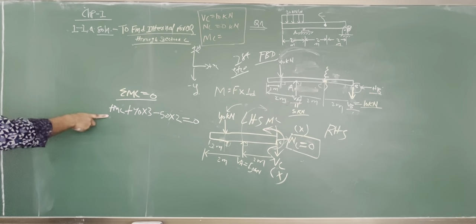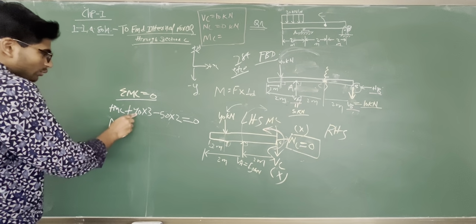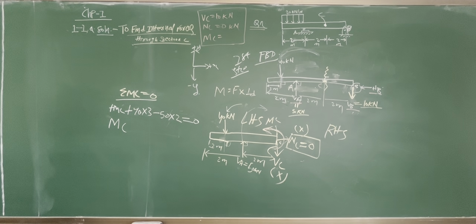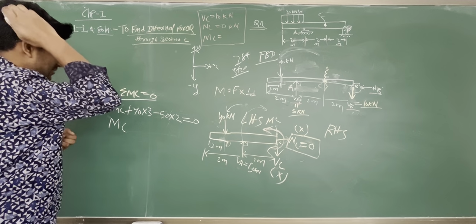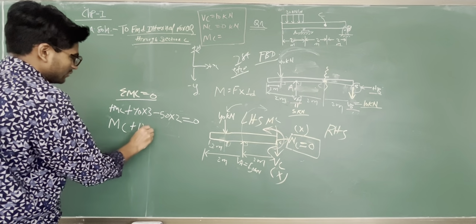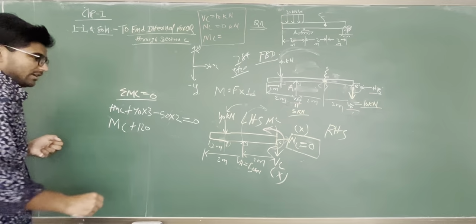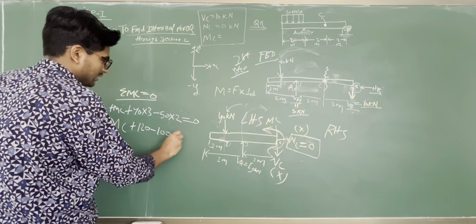Since we have to find MC, what is 40 into 3? This is plus 120 and minus 100 equals to 0.